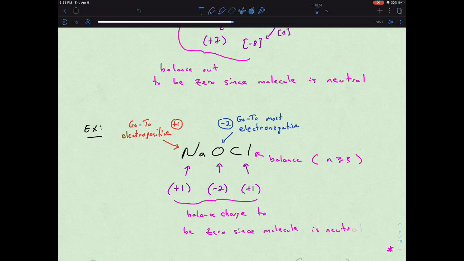So that balances out that charge since the molecule is neutral. So that's our assignment of oxidation numbers.